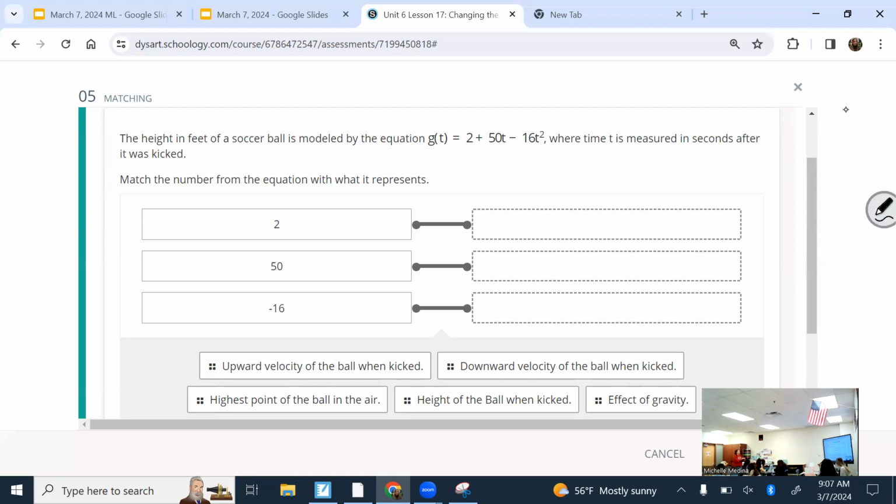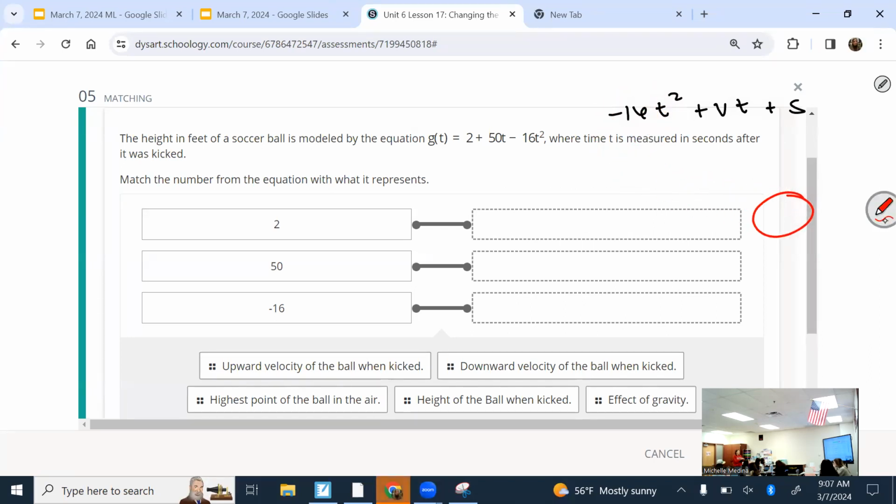They're usually in this format: -16t squared plus vt plus s. Where does the -16 come from? Or really, I should say the -16t squared as a whole. What's that affected by?